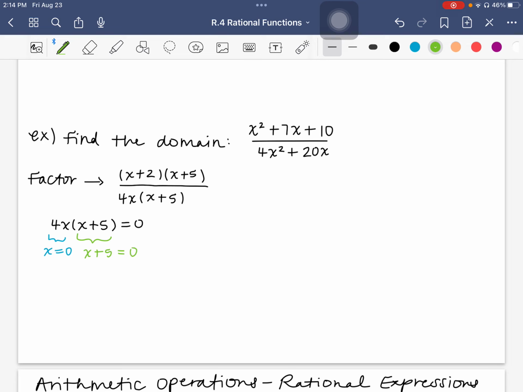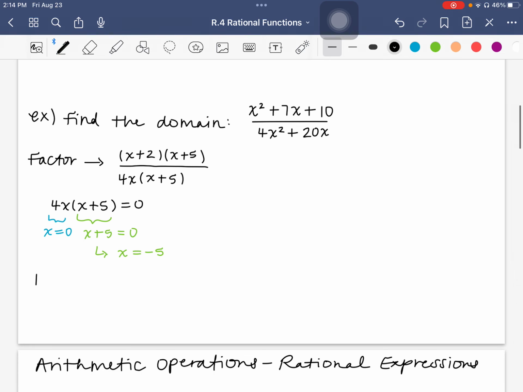So if x plus 5 were equal to 0, we know that this happens if x is equal to negative 5 by subtracting 5 on both sides. So this tells us that our domain is going to be all real numbers, so all x's, such that x is not equal to 0 or negative 5.